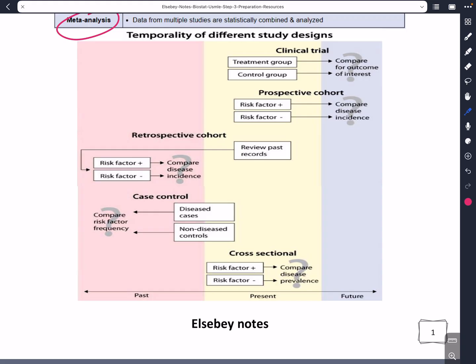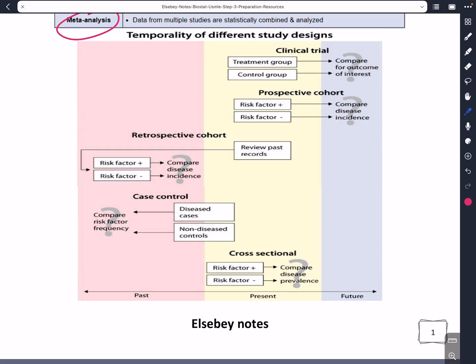Let's see what is prospective cohort. Prospective cohort means when you take a group with risk factors, positive with risk factor, and one group without the risk factor. So when you compare risk factor with no risk factor and you are looking for a disease incidence to see if the disease occurred or not, that is prospective cohort study.